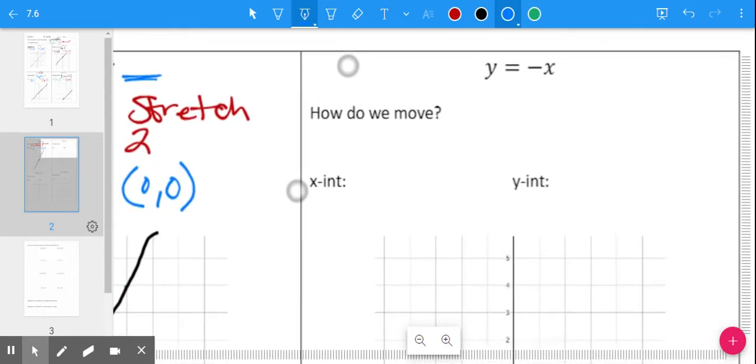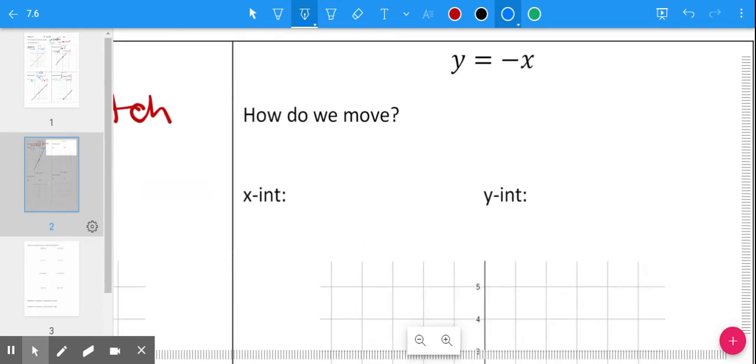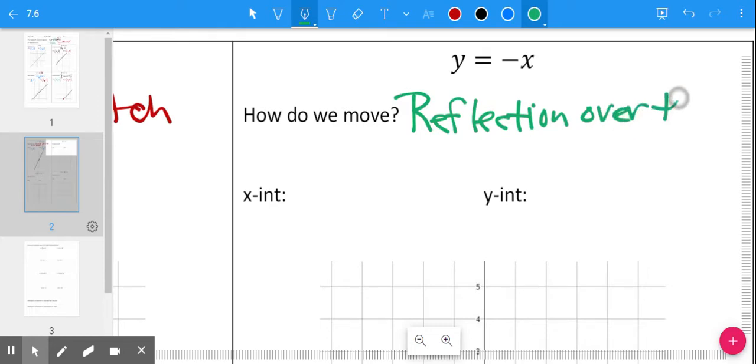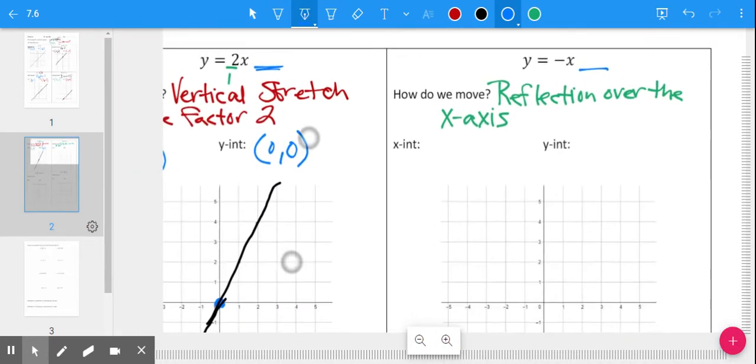So when we looked at quadratics and the a value was negative, it was a reflection over the x-axis. So it's the same for linear. This is a reflection over the x-axis. So we still have that same y-intercept of 0 because there's nothing added on to the end.